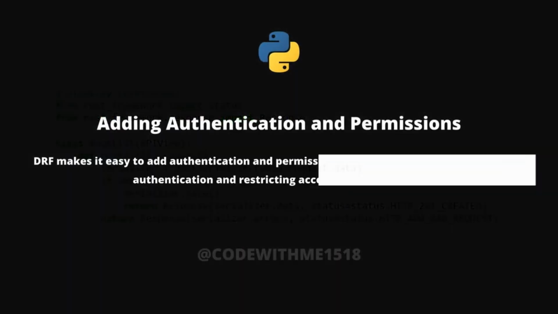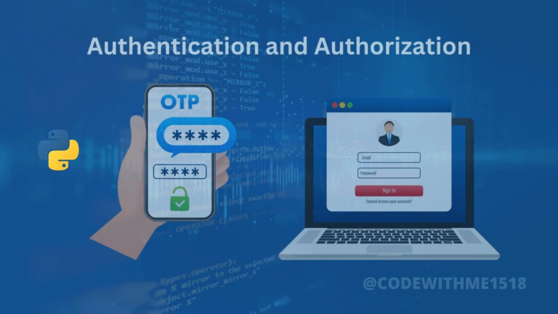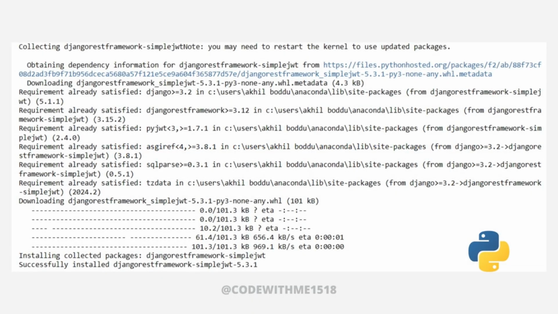Now that we have a working API, we need to secure it. DRF makes it easy to add authentication and permissions. Let's start by adding token-based authentication and restricting access to certain views. First, install the Simple JWT package for token-based authentication.